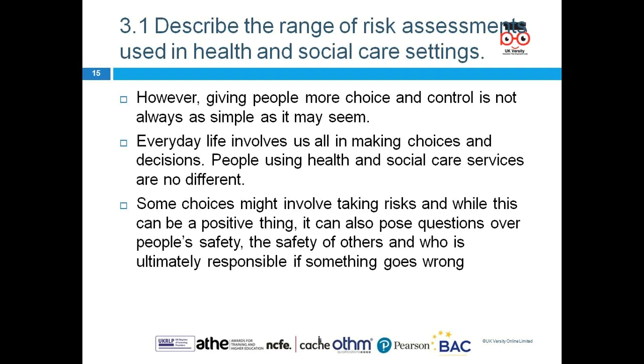Sometimes people can say, well, I went here and did this, and you can get some kind of perception of what something's going to be like in your head, but you won't actually know until you've done it. And I think that's what's wrong with the world today. But when it comes to health and social care, people are different. What might work for somebody else might not work for somebody else. That's just how it is.